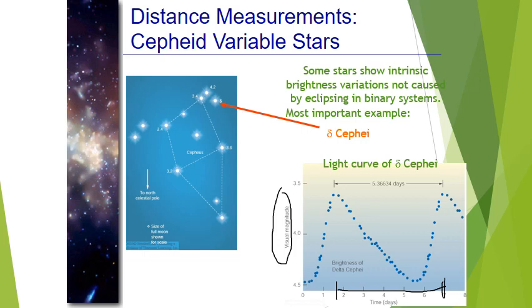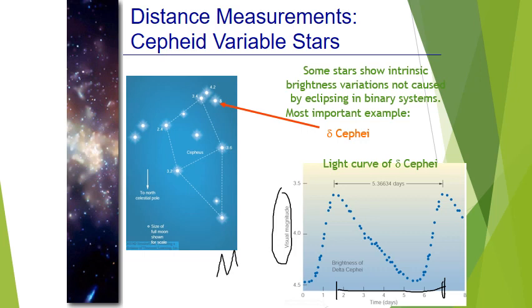And that's nice because once we're able to determine that period, it turns out that the period of a variable star like this is related to its luminosity. And once you know the luminosity, remember luminosity is essentially absolute magnitude.